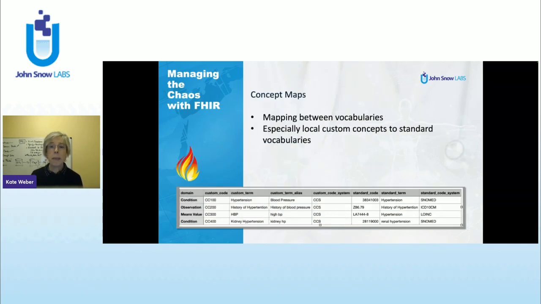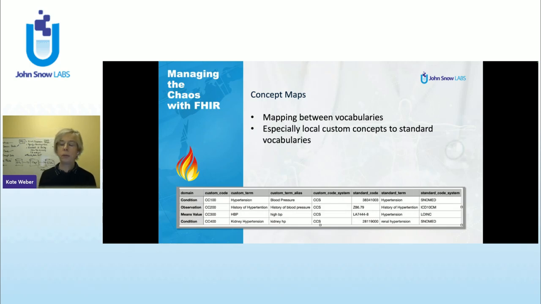A concept map allows us to map between vocabularies. And I've taken out the gray columns there on the left because now this document can be used as the foundation of a concept map. I could say here that standard code 383410003 from SNOMED maps to my custom coding system, my in-house code system that nobody's ever heard of except me, and I call it blood pressure, and I also call it hypertension, and this is my code for it.